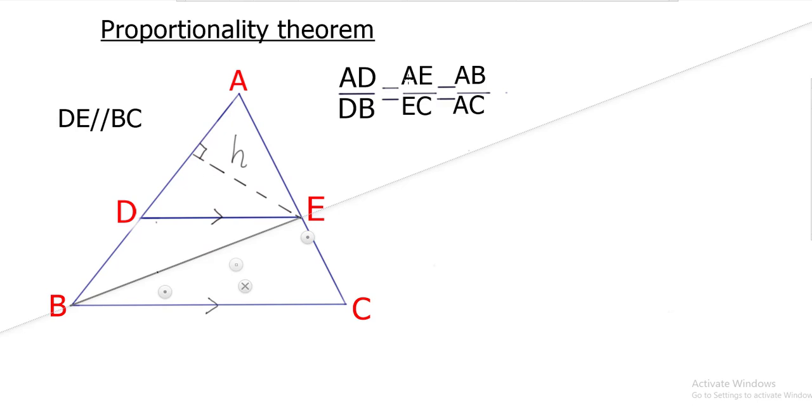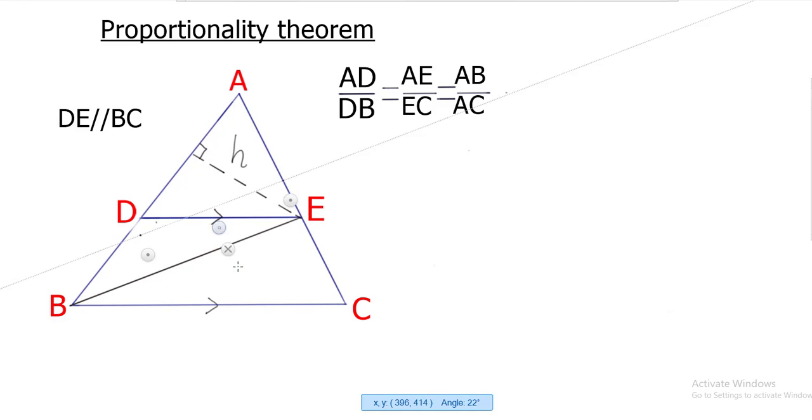Now let's come to the base. Our base, if it's AE, okay, AE means what? When we have AE, our base will be this one, AE. We're going to use the triangle ADE.